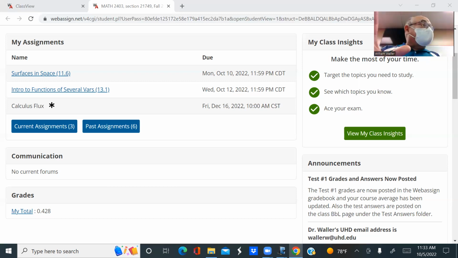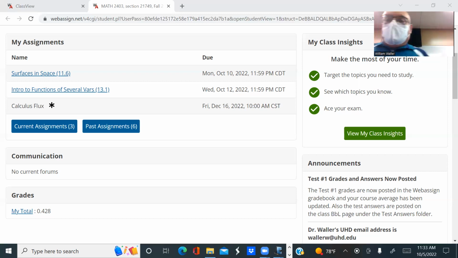We're going to extend that knowledge to functions of several variables, in particular 2 variables, because when you graph those functions, they generate surfaces in 3-dimensional space, which is the subject of the course. So that's what we're going to talk about today.